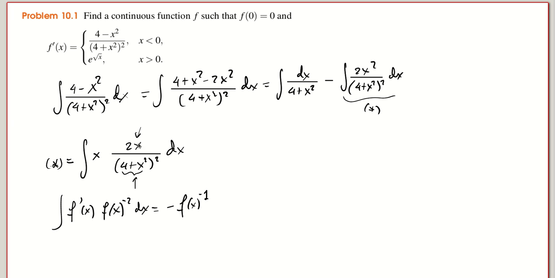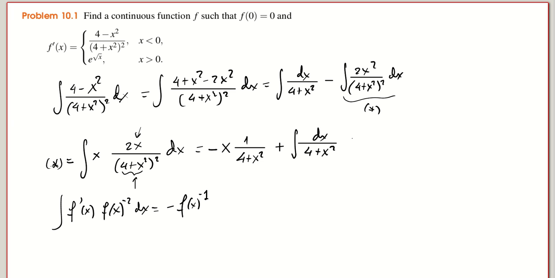We are going to apply integration by parts using this. So we will have minus x and then the primitive of this, which is just 1 over 4 plus x squared. Then minus, with this minus is a plus, then the primitive of the derivative of x, which is 1 times this. So dx over 4 plus x squared.